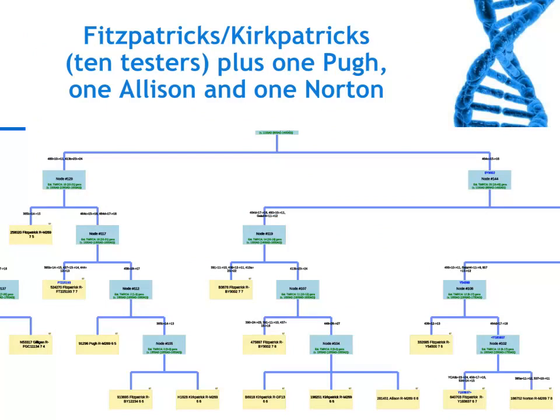And here is a Fitzpatrick-Kirkpatrick surname cluster. It's on the right side of the screen in the middle. And so if you look at all the Fitzpatricks, there's only one Allison and one Norton in that list as well.